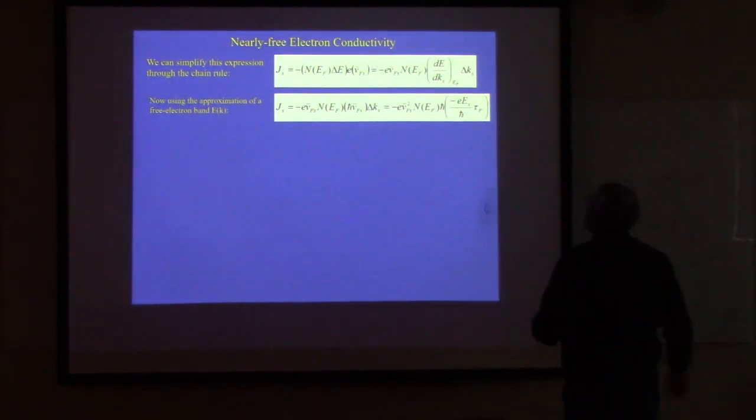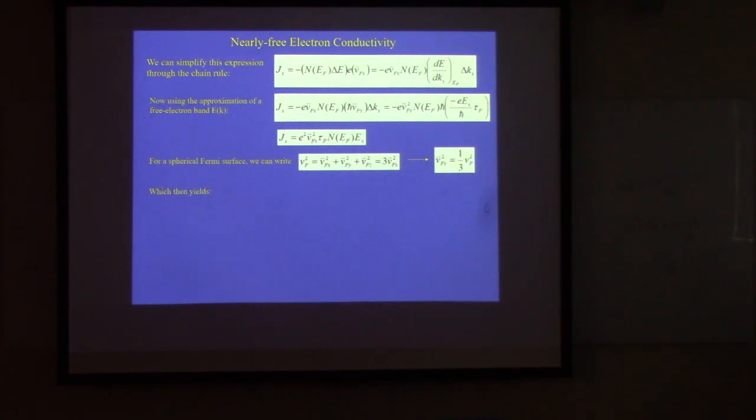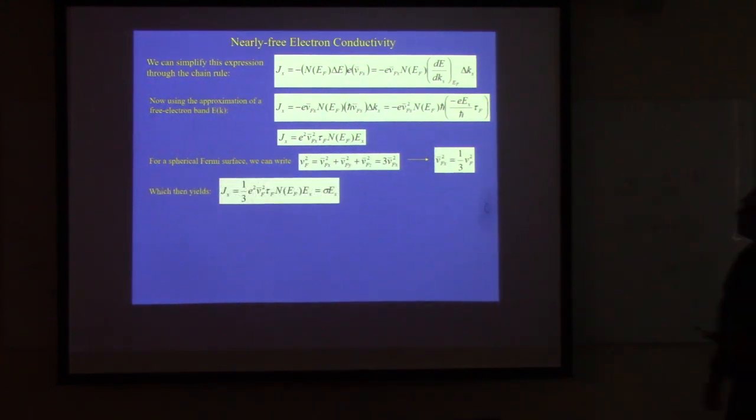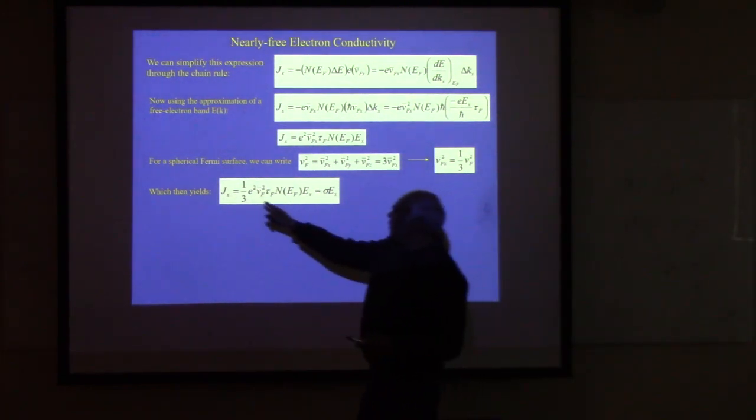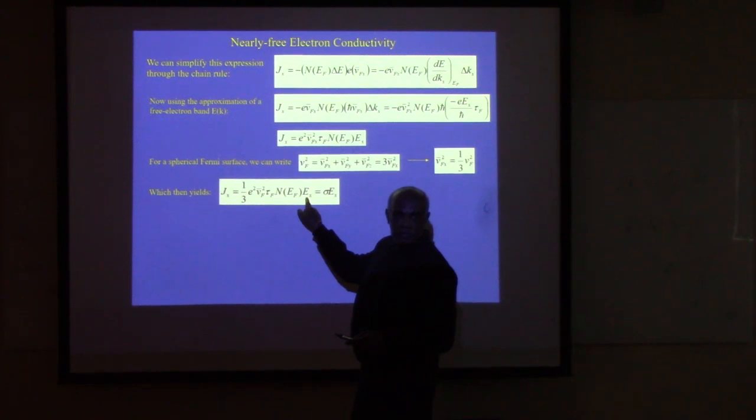So that's where the 1/3 term comes from. You do that, this is still the same. Then I replace this one by this 1/3 term. You get Jx equal this one. See, straightforward. J equals some constant times Ex.